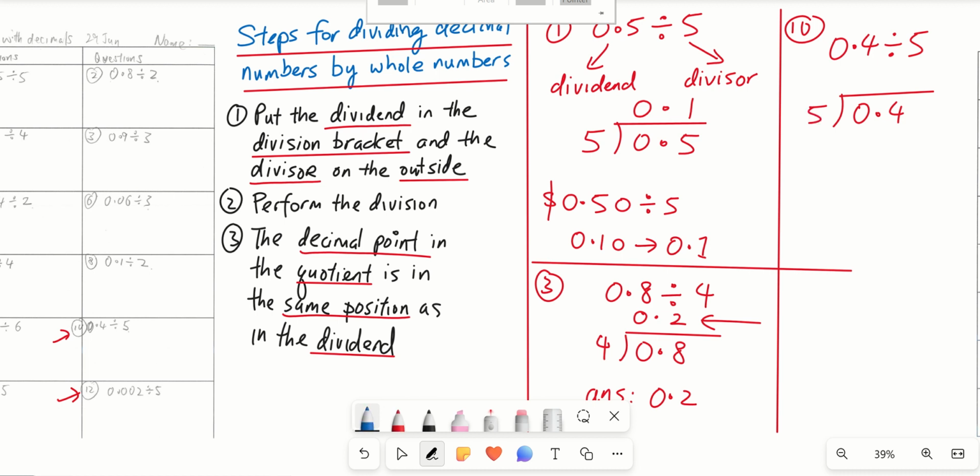All right, so we know that 5 goes into 0 zero times. Now, 5s do not go into 4, and so we do have a remainder of 4. We're going to combine the remainder of 4 with a 0 in the one-hundredths place value.